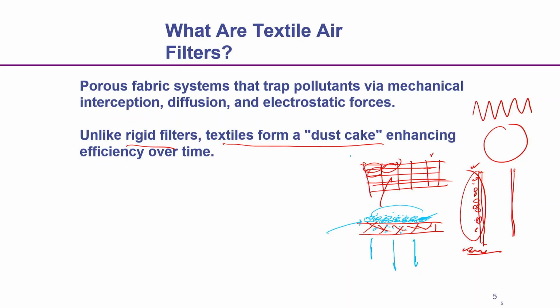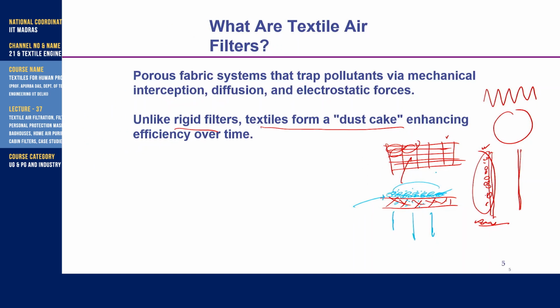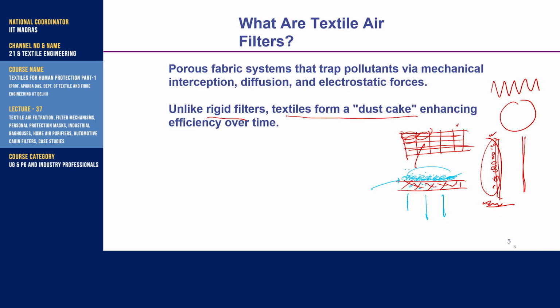Initially, dust cake formation takes some time, say 1 hour or maybe 1 day depending on the dust load. The initial cake formation will start, and that will develop an additional porous filter media, which enhances the efficiency over time.